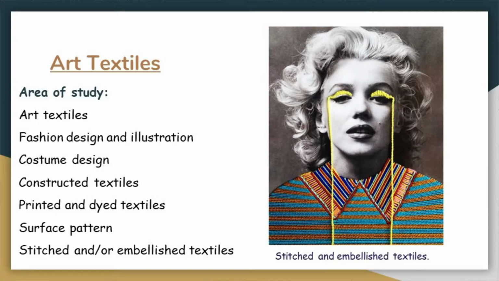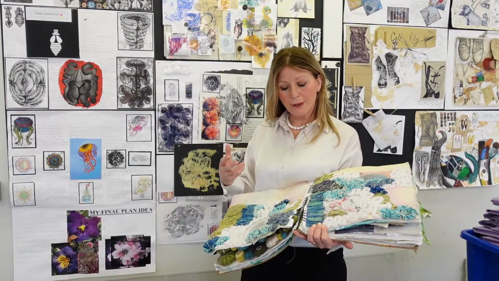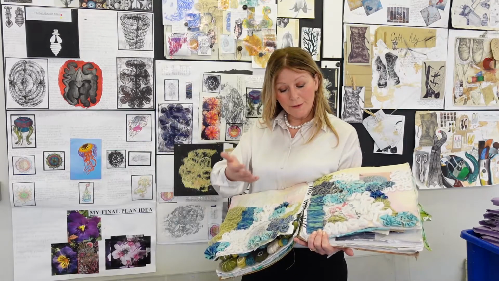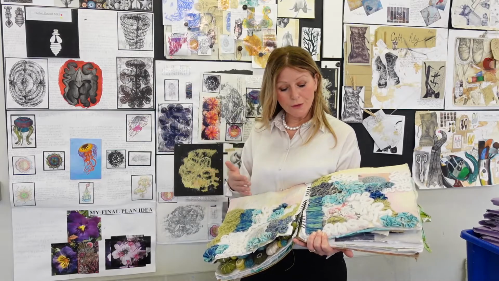Okay, so the second area of study that you would be covering in year 9 is an art textiles project, and within that we start off by looking at a number of artists, but rather than your final piece being out of canvas and paint, your final piece could be fabric art. So we focus on stitching.